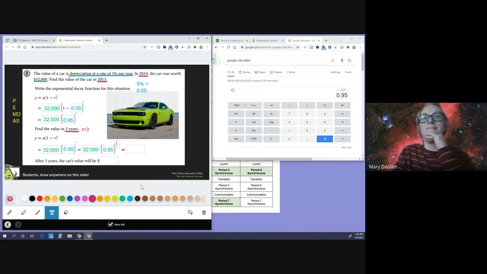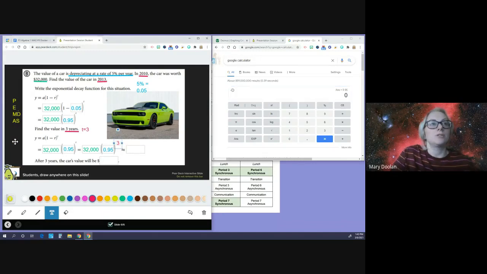You guys have no idea? What's t equal? We wrote it in pink. What is t equal? Yeah, 3. Kobe and Quaylon got it. It's 3. So this is what we're plugging into the calculator over here.